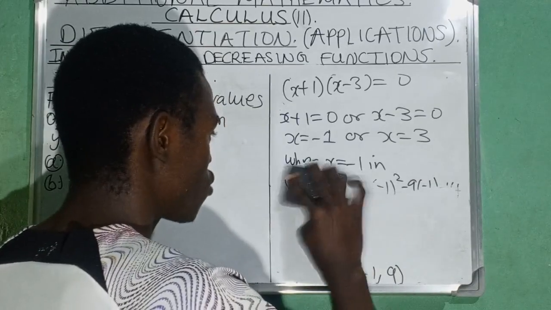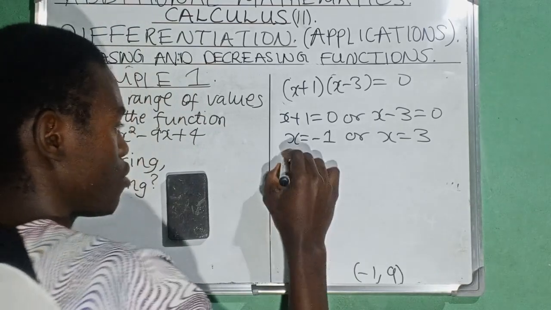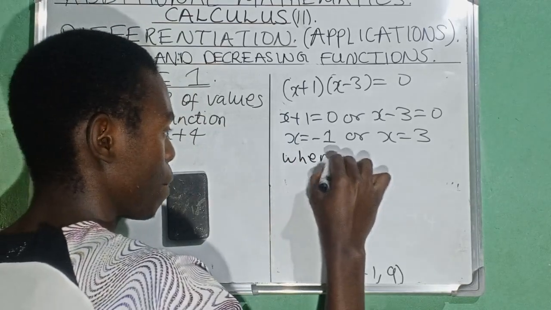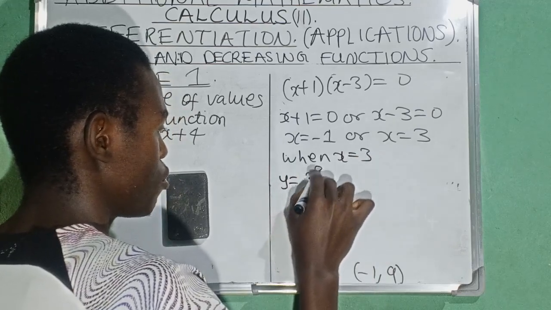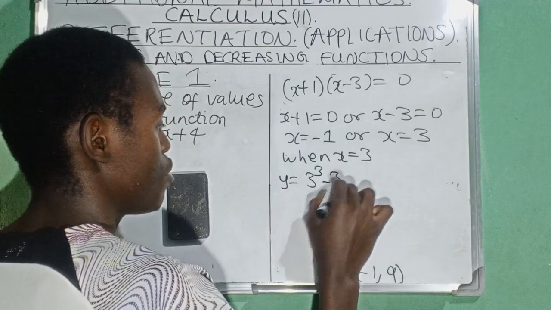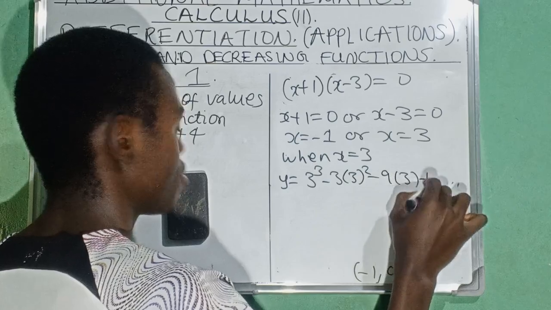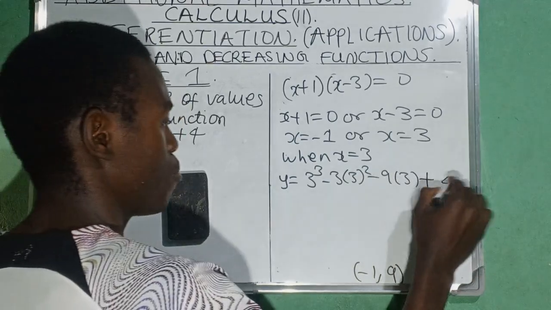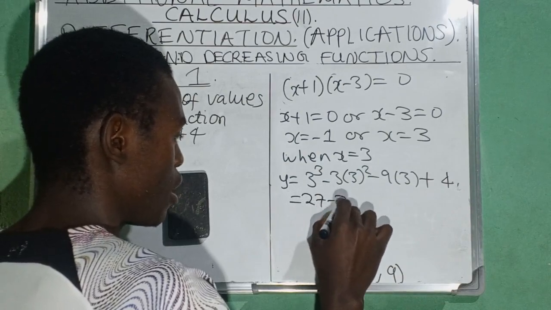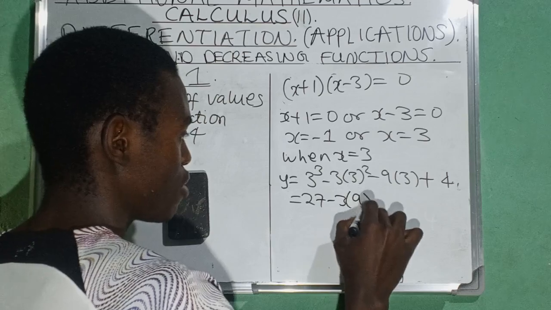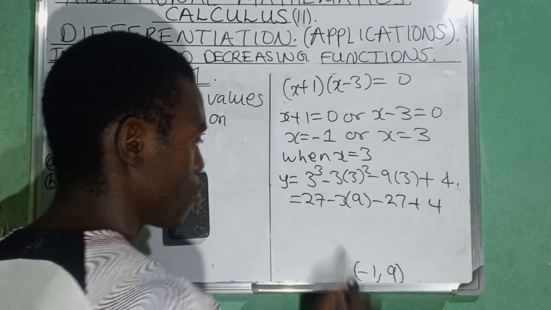Then your second stationary point will be when x is equal to 3, y is equal to 3 cubed minus 3 multiplied by 3 squared minus 9 multiplied by 3 plus 4. 3 cubed is 27, minus 3 multiplied by 3 squared, which is 9, is minus 27, plus 4.